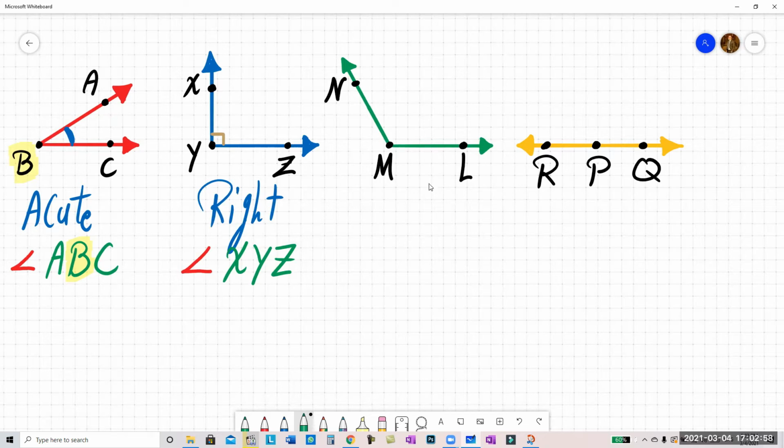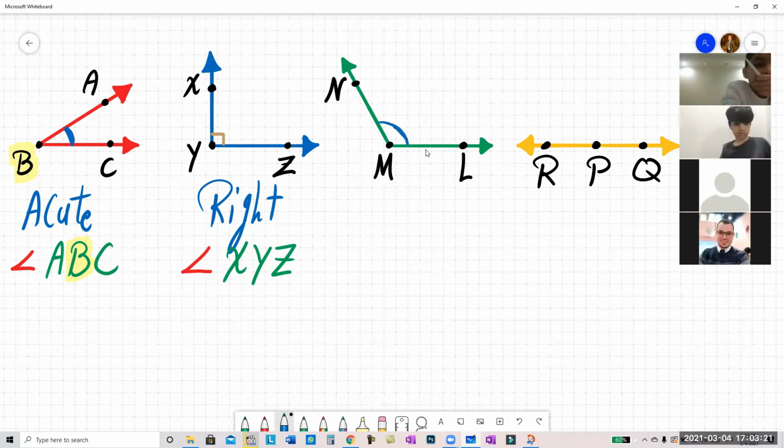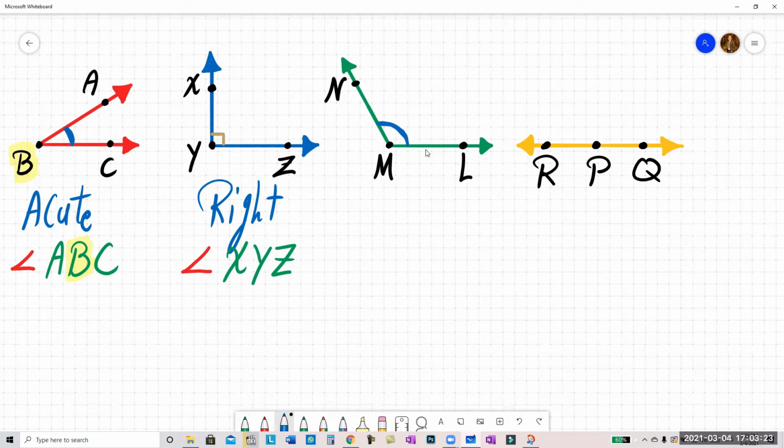So let's move to the next one, the green one. Let me ask Al-Qarrar. Raise your voice, please. Your voice is not clear. Now it's clear. Okay, so we have a big distance, a big space between the two rays.